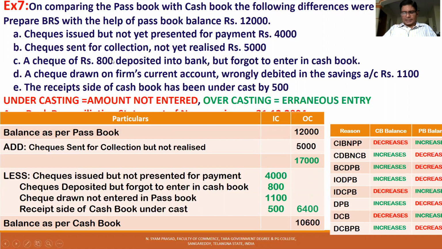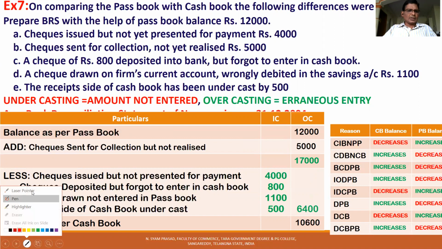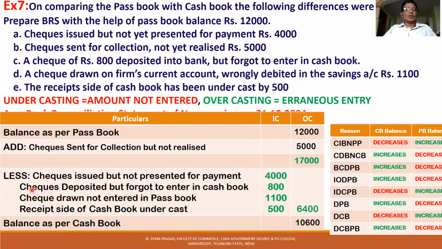So the cash book decreases and the passbook increases. Given is the passbook. As passbook increases, deduct. If entered, cash book balance increases, but not entered, cash book balance decreases. Passbook balance increases, so less.